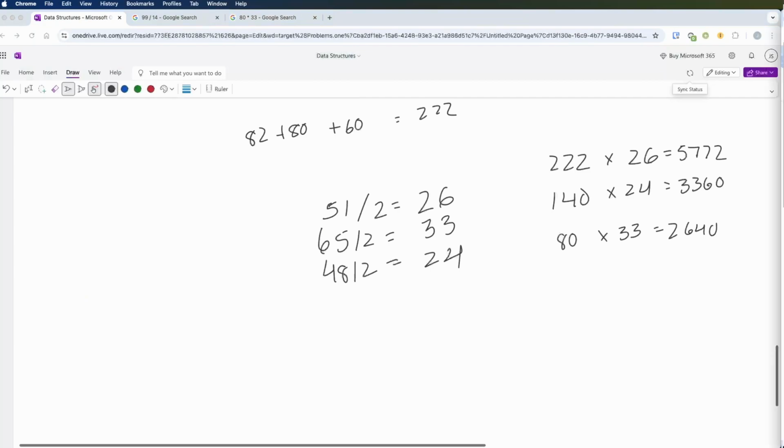Okay, so we'll have 5772 plus 3360 plus 2640.